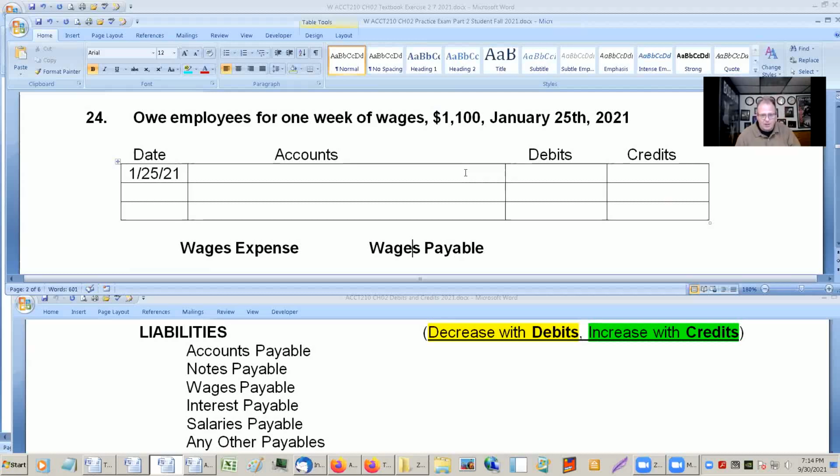And this could be just WP, wages payable. Okay, now we've got expenses. Expenses are always debits. And wages payable must be the other side, which would be the credit. This is going to be a liability, increase with credit.